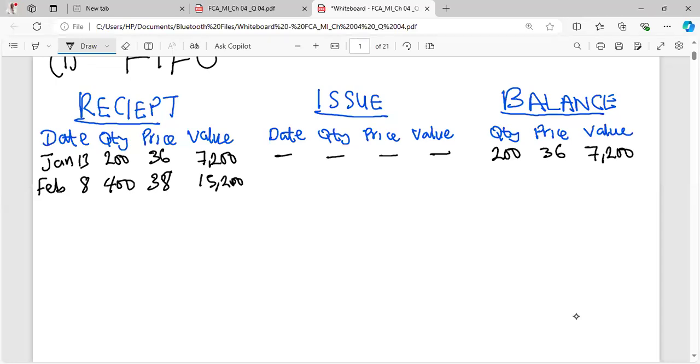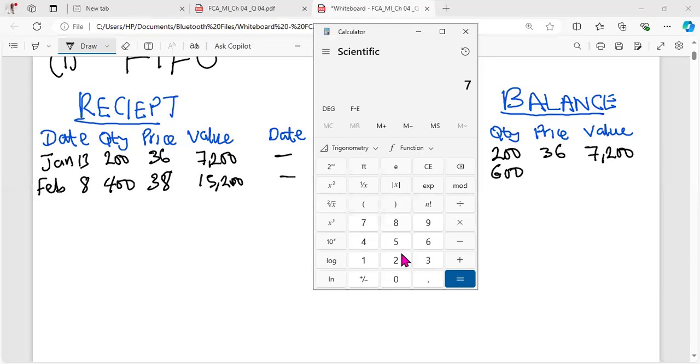So 400 is coming to join the 200 here to become 600. At this point, we will not write a price here because it's a mixture of two prices, which is 36 and 38, but we'll add the values together. So 7,200 is already in store, and we are bringing a value of 15,200.